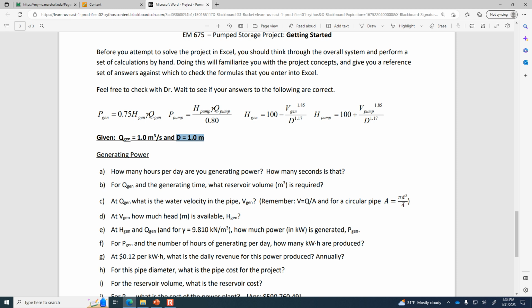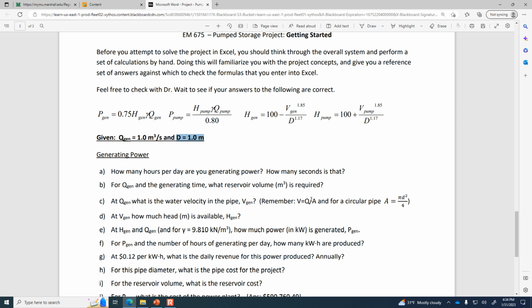So that's 0.78 square meters, I think. It's a certain cross-sectional area, so then the flow rate divided by the area gives the velocity: 1 cubic meter per second divided by 0.78 square meters.